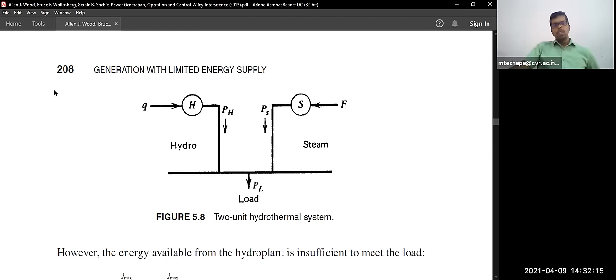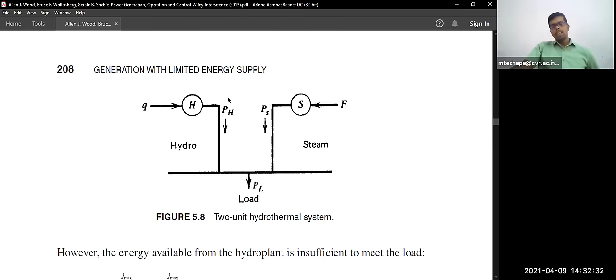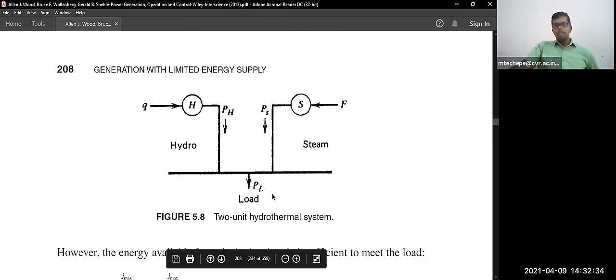If you generate all the power with hydro itself, all the water in the dam will get used up. No single drop of water will be there in the dam. In that scenario it will be very tedious to tackle this demand. That's why we are going for hydrothermal schedule.